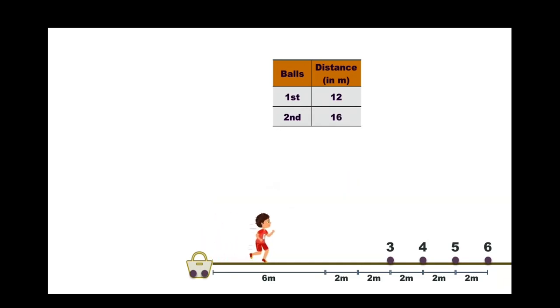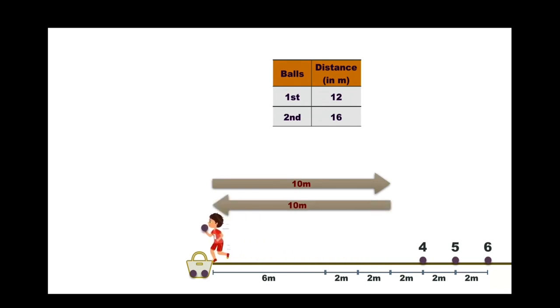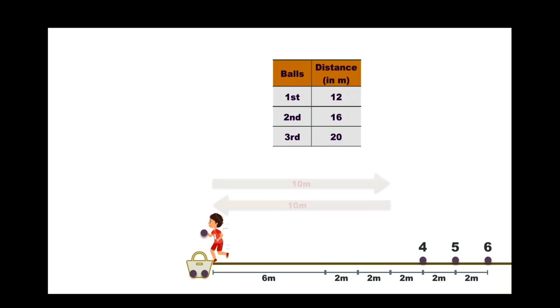Next, he goes for the third ball. He runs 6 plus 2 plus 2, that is 10 meter, and 10 meter to return to the starting point. So total of 20 meters for the third ball. Similarly, he goes for the fourth, fifth and sixth ball.